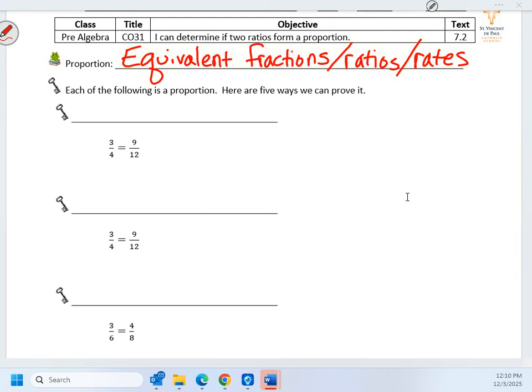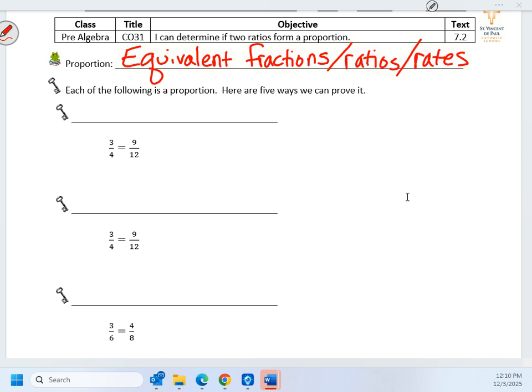Ratios. We talked about ratios a couple objectives ago. Last objective is the unit rate, right? We do the equivalency the same way we do with our fractions. Whatever you do to one side, you do to the other. Multiplying up, dividing down. So we already know the concept of being equivalent. Now we're just applying it to our ratios and rates.